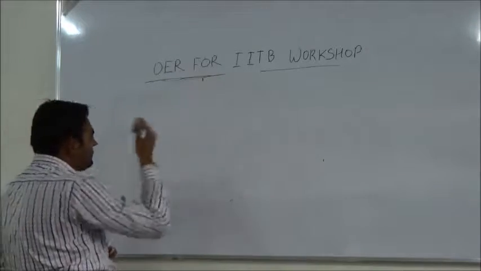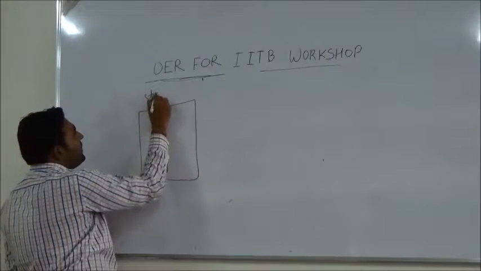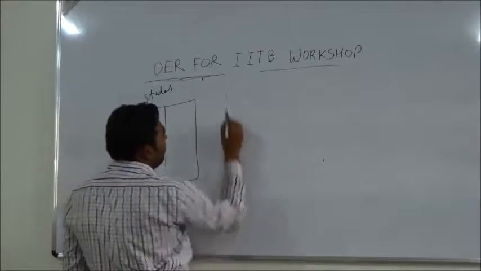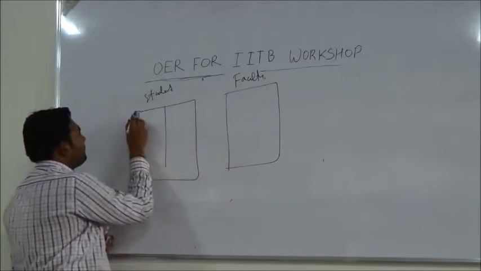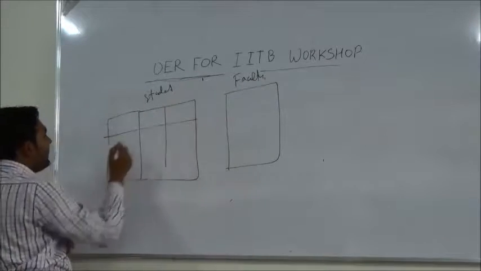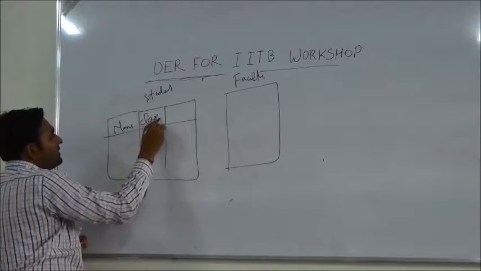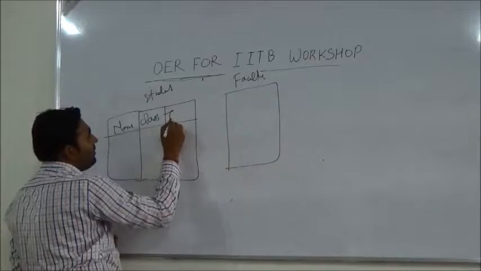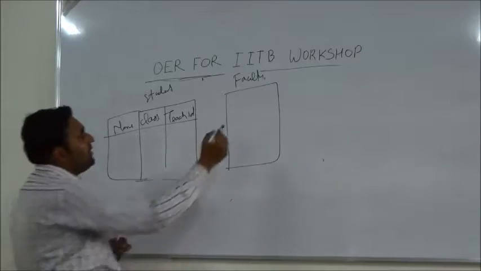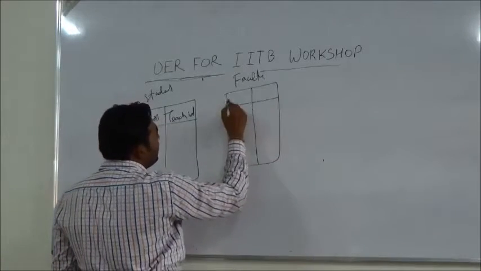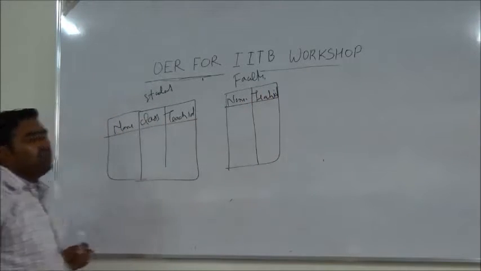First of all, suppose we are taking an example of a student table. The student table has entries name, class, and teacher ID, and we have a second table with name and teacher ID.